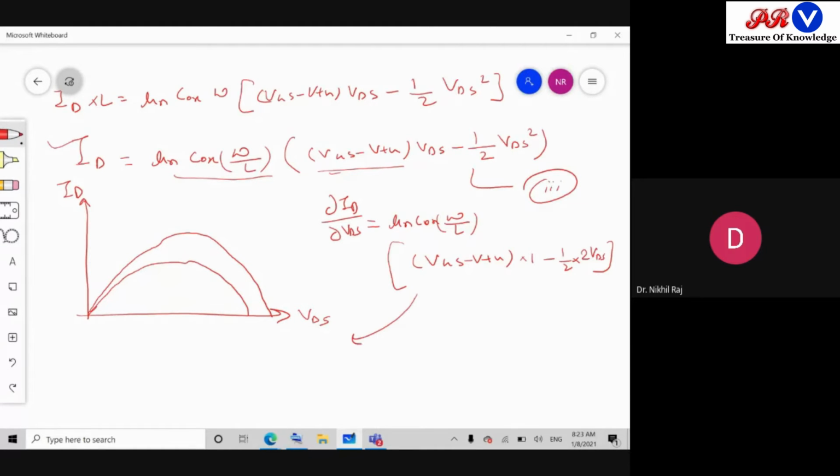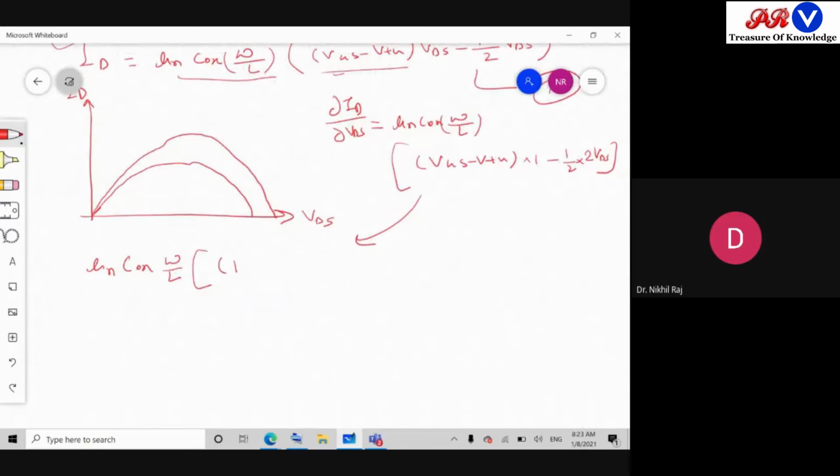So we can rewrite this equation as mu n Cox W by L, VGS minus VTH minus VDS.